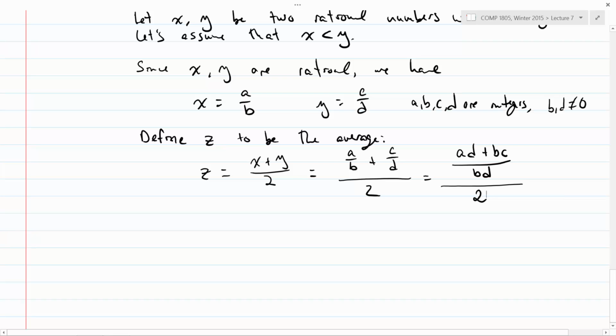I know that because I multiplied this by D over D, and this by B over B. So I get a B with the C and a D with the A. Is that okay? All right, so then the very last thing to do is to simplify this. This is just 1/2 times the top, so that's just AD plus BC all over 2BD.